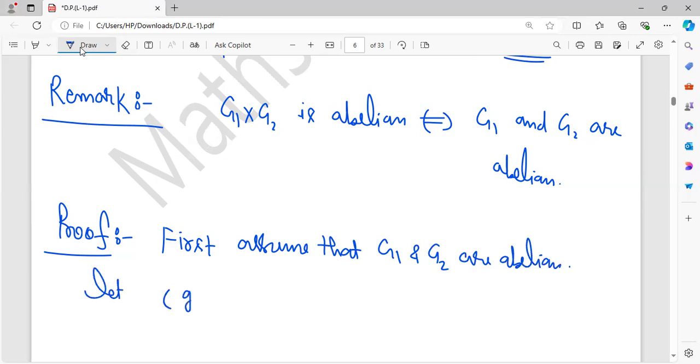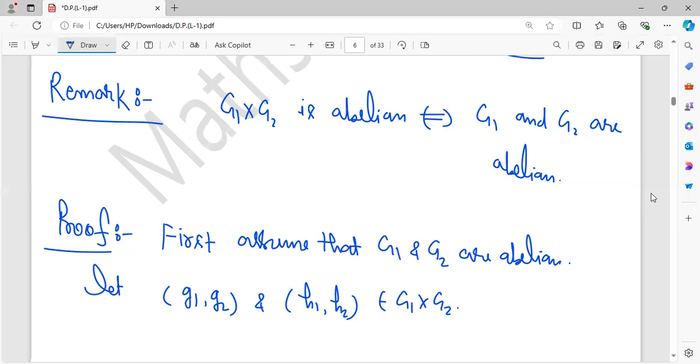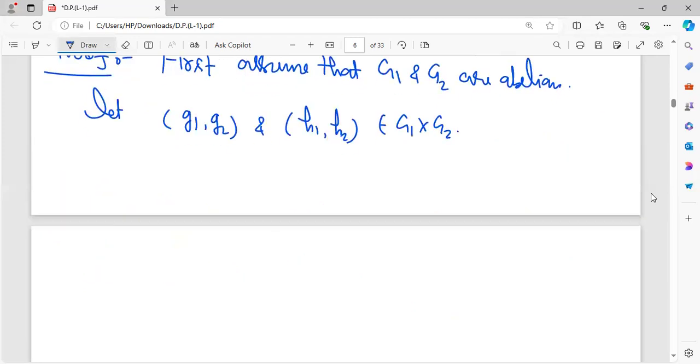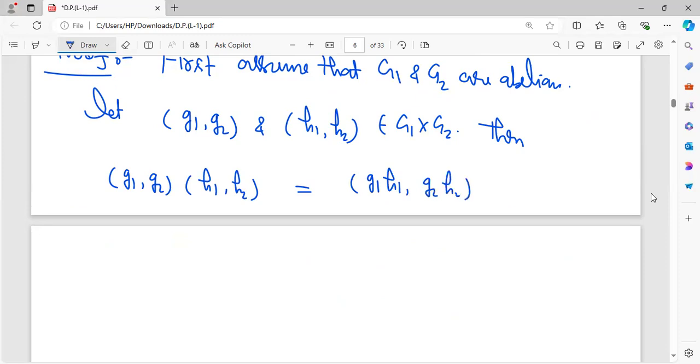Let (g1, g2) and (h1, h2) belong to G1 cross G2. Then (g1, g2)(h1, h2) is equal to (g1h1, g2h2). And what is this? Because G1 is abelian, so I can write this one because G1 and G2 are abelian. So I can write like that. Okay.